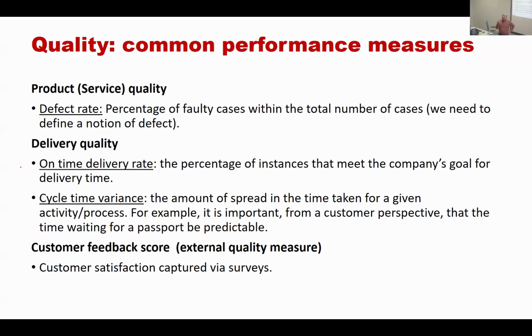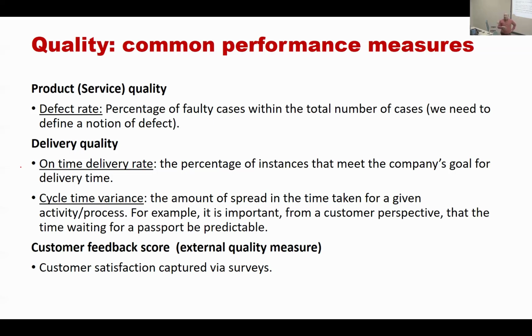For example, in an IT help desk process, the fact that I close an issue as resolved and later I reopen it because it was actually not fully resolved, that is a defect. The percentage of cases in this process where issues are reopened, that is the defect rate. A defect rate of 10% in this context means that in 10% of cases, the issue is reopened.